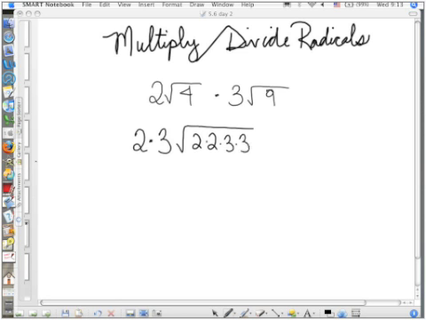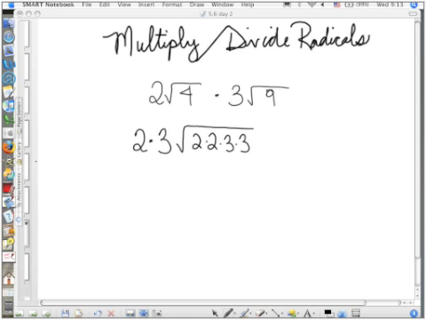Now notice, when I put 4 times 9 together under the radical, I did not put 36 because I know that I would have to turn around and take 36 and break it back down. So I simply broke 4 down, and then I broke 9 down, and so I'm already at the point where I can simplify this radical.